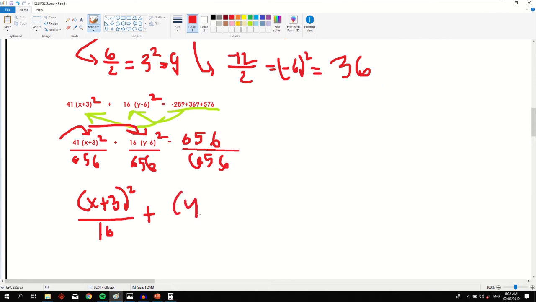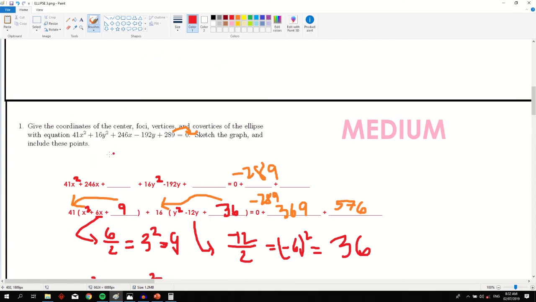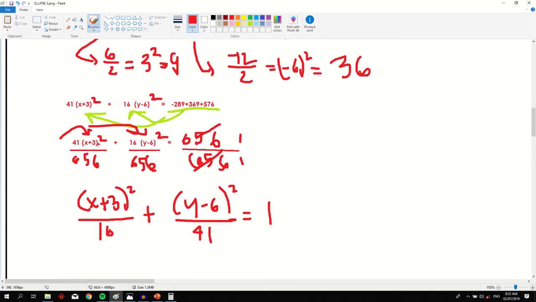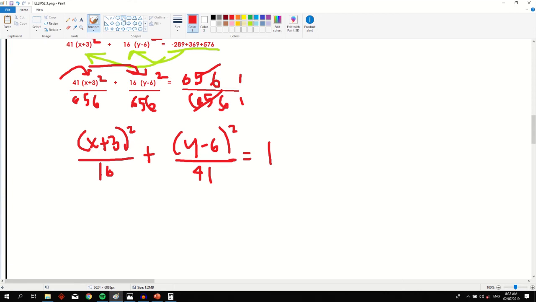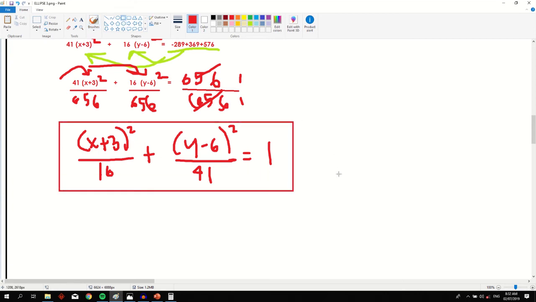So (y minus 6) square over 41 is equal to, cancel that, and it will remain as 1. So we now have the standard equation. Okay, so now we have the standard equation.